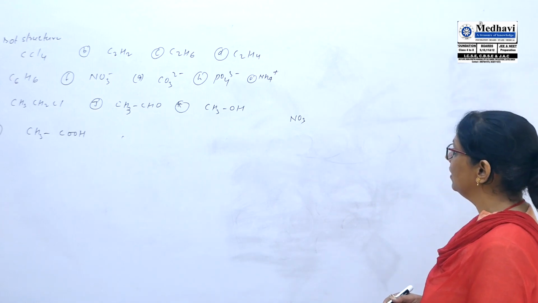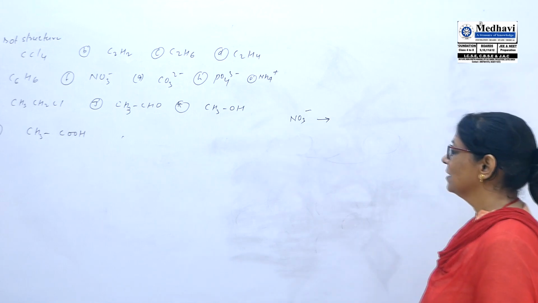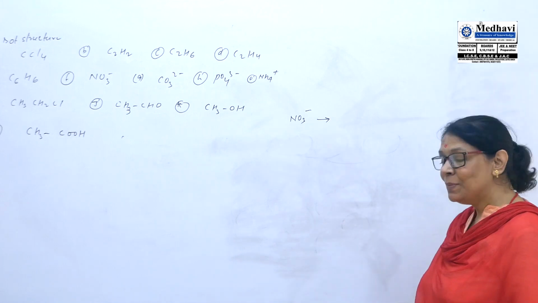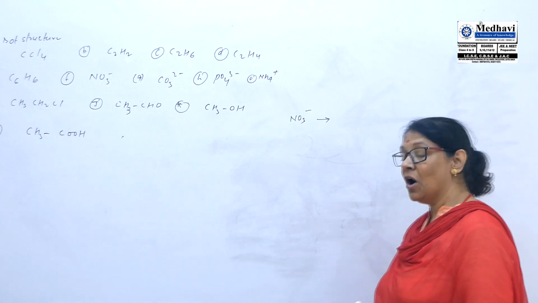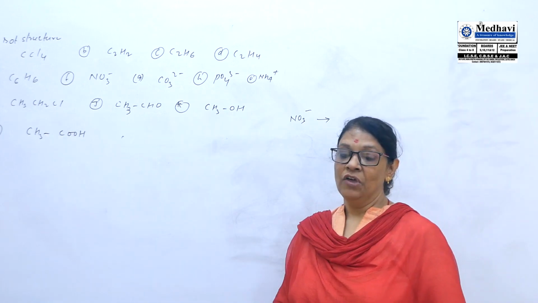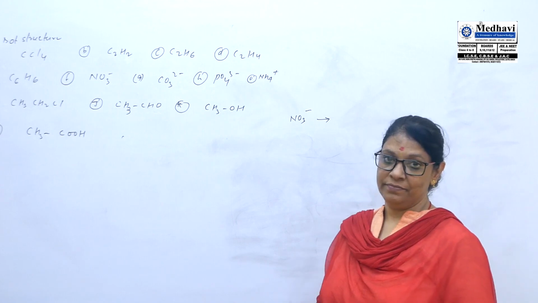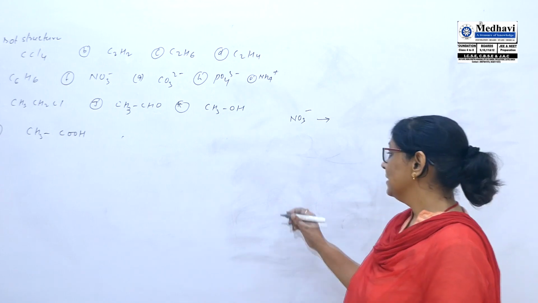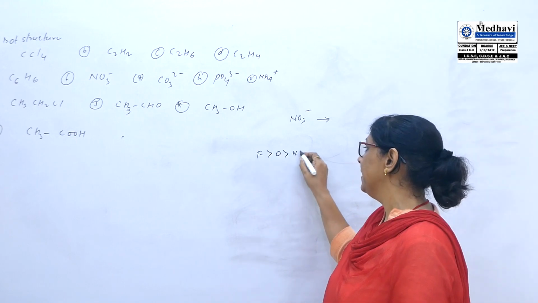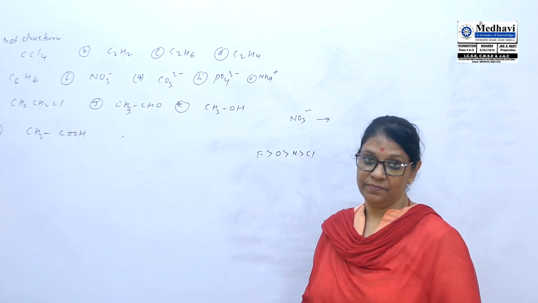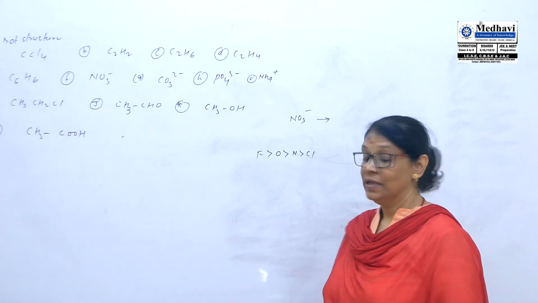So, when in a given radical a negative charge is present, then the negative charge will always go with the most electronegative element. What I want to say is that in the periodic table the most electronegative element is fluorine, then oxygen, then nitrogen, then chlorine.